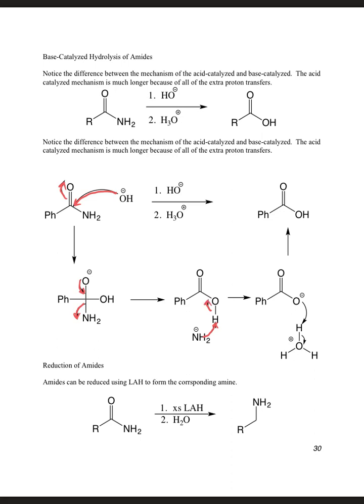Because we're in base, we're not going to have the carboxylic acid last, and that forms the carboxylate. And then in the workup, the carboxylate can go grab a hydrogen from the acid to form our carboxylic acid.